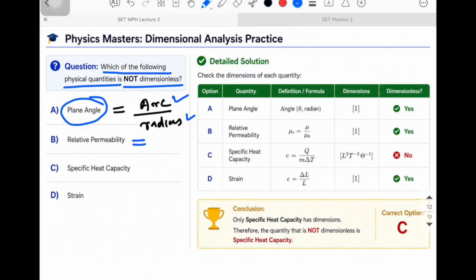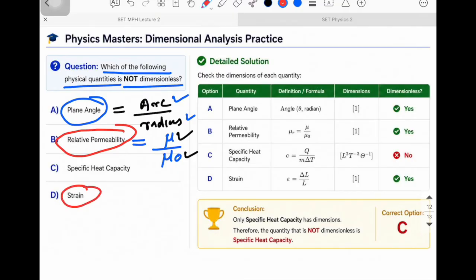Relative permeability is the permeability of a given medium upon permeability of free space. Both have the same thing, so the dimensions get cancelled. So this is also a dimensionless quantity.